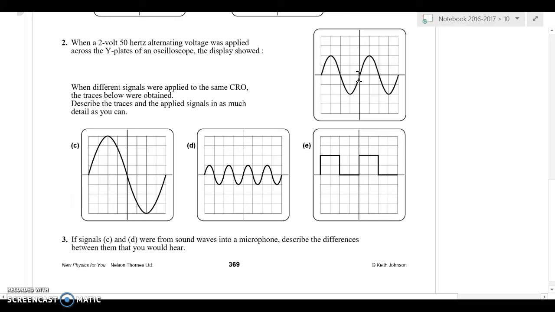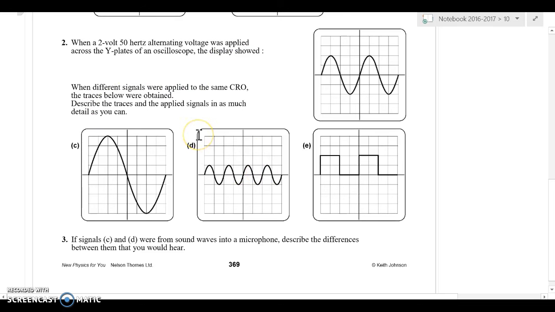Remember, if a wave has a frequency of 50 Hz, it has a time period of 1 over 50 Hz. You might like to work out what that is. The time period is the length of time taken for one oscillation to occur. Using that information, you'll be able to work out how much time each square across represents. That information is important. It will let you answer questions C, D, and E.